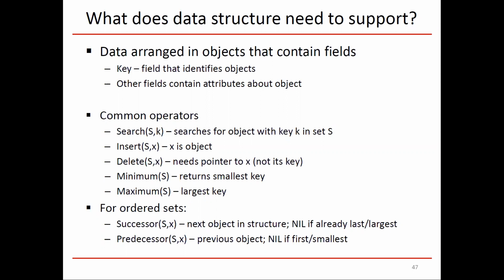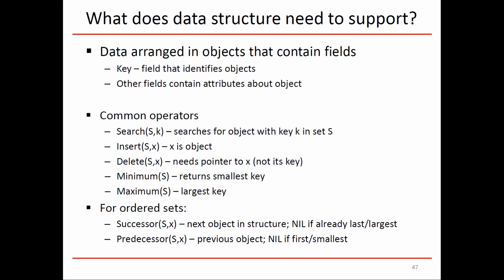Now, not every data structure is ordered. For the ones that are ordered, minimum and maximum make sense. For the ones that are not ordered, they don't make sense. If it is an ordered set, meaning that there's an order, 1 is less than 2, which is less than 4, which is less than 4.2, and so on, we may have successor and predecessor commands that give us the next object in the structure or the previous object in the structure, respectively.